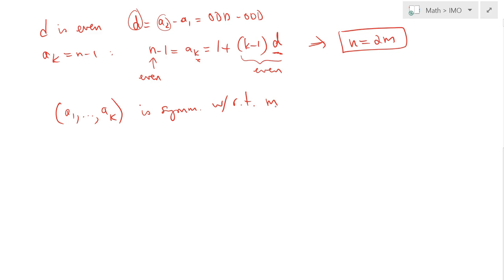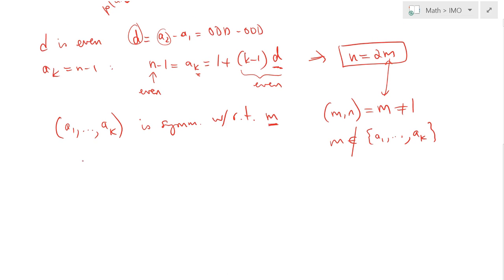But notice that m and n are not coprime, right? Because n is a multiple of m. So as a result, m is not in the list of a_i's, because this list contains only integers coprime to n. So m is not in this list, and as a result, m should be in the middle.